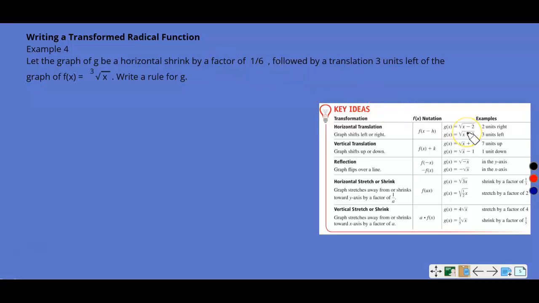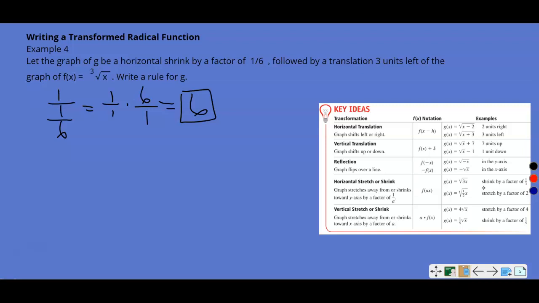Okay, so we're going to do 1 divided by 1/6 first. And remember, dividing a fraction by a fraction, you can write 1 as 1 over 1. Then you multiply by the reciprocal of that. So that's going to be 1 times 6, which is just 6. So that's going to be the number we need coming from this horizontal shrink here.